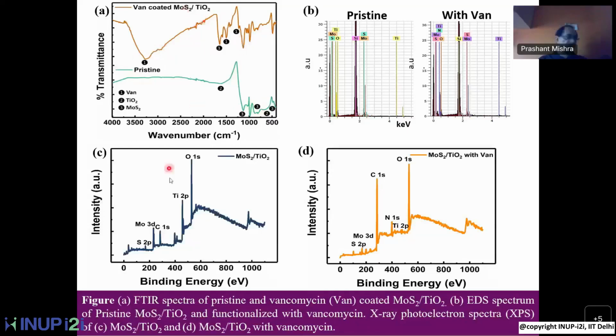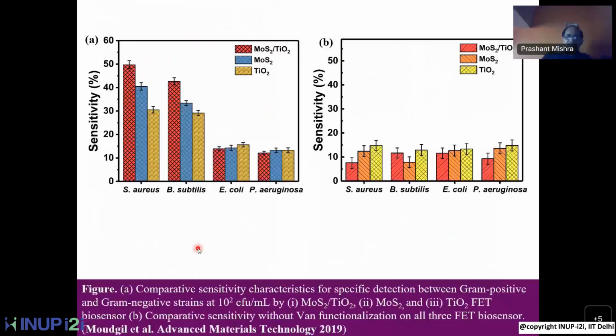So this way you can discriminate between the different chips or wafers, whether they have been coated or functionalized, or they still need to be functionalized. So that means it is a powerful tool to characterize your device. Again, this is showing you the sensitivity of different sensors towards the gram-positive and gram-negative bacteria.